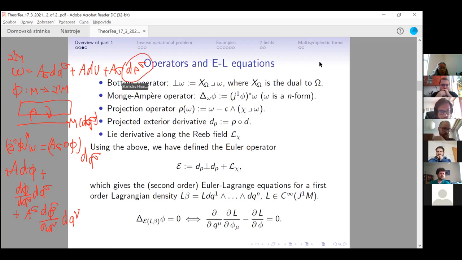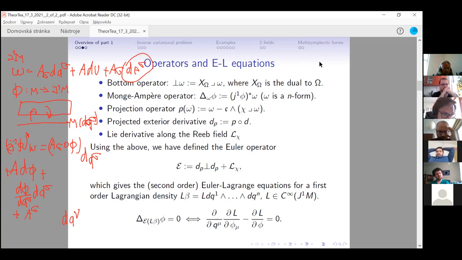Exactly. But phi sigma now is actually a derivative of phi in the direction of q sigma. It's another function. You have just one field phi. So phi sigma means del phi over del q sigma, and that's what you need to take the exterior derivative of again. Then I have something messed up with the indices, I guess, because I have only one phi with one index.